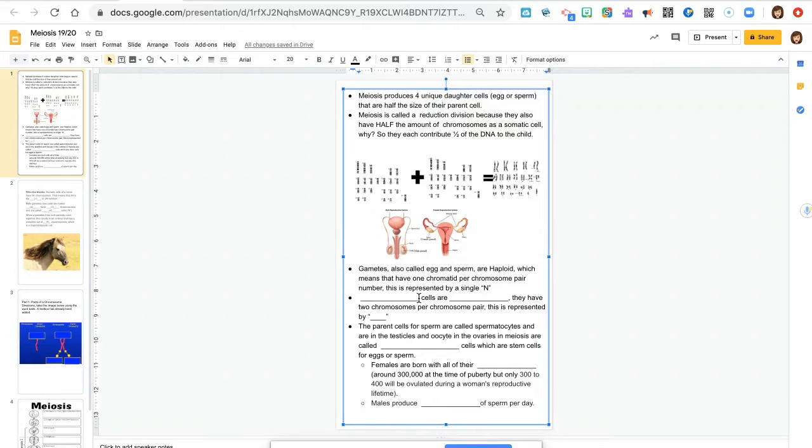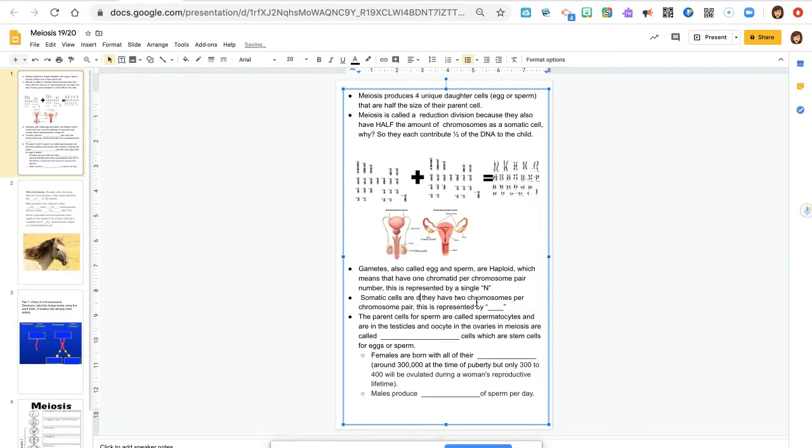Then you have body cells, which are non-sex cells. So I'm going to use the word somatic. Cells are diploid, which means they have double dip. They have 2 chromosomes per chromosome pair. They are labeled 2N. So this is a diploid cell because it has 2 chromatids per chromosome pair.